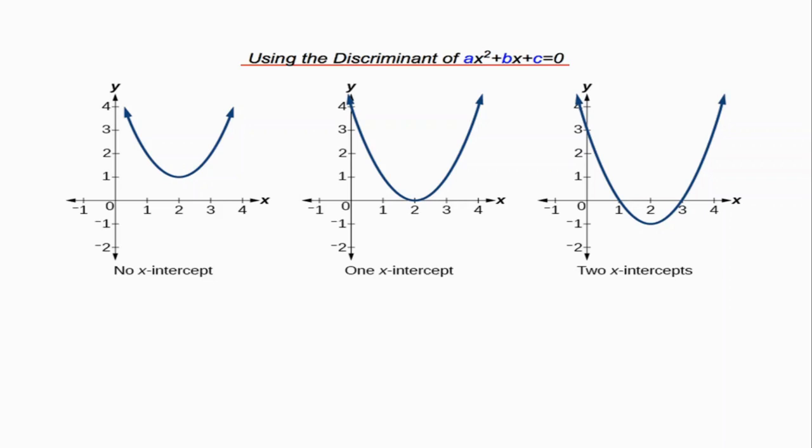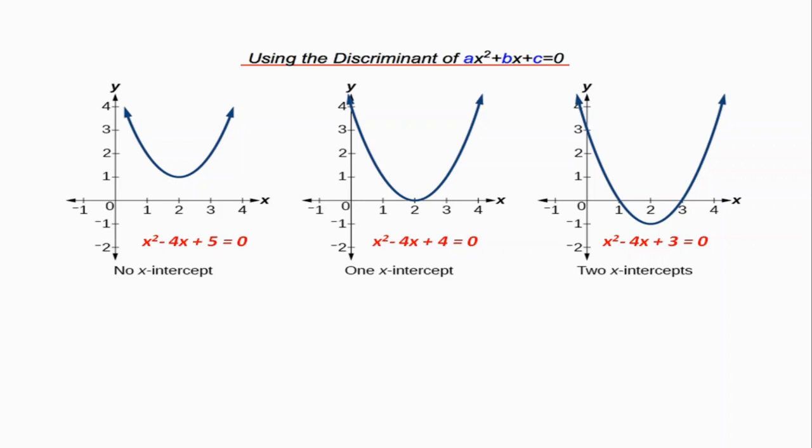And the equations are: first is x square minus 4x plus 5 equal to 0. The second equation, x square minus 4x plus 4 equal to 0. The third equation, x square minus 4x plus 3 equal to 0. We see that in this system of curves, the first curve is above the axis, 1 point above.